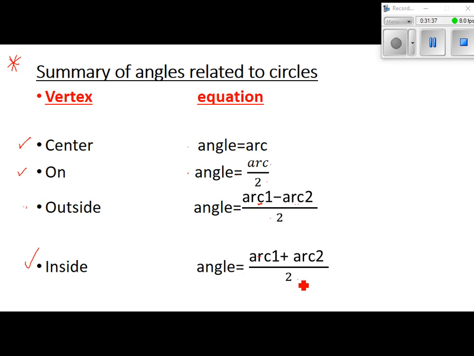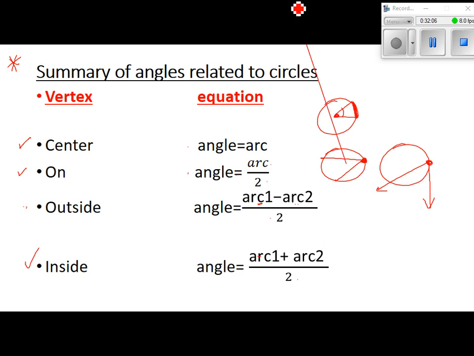So the first one here, the vertex is at the center point, the arc and the angle are the same. Second one, the vertex is on the circle, no matter what. It could be an inscribed angle, could look like that, or like that.